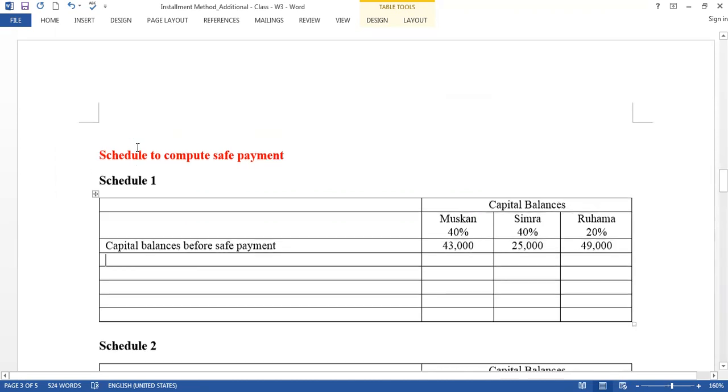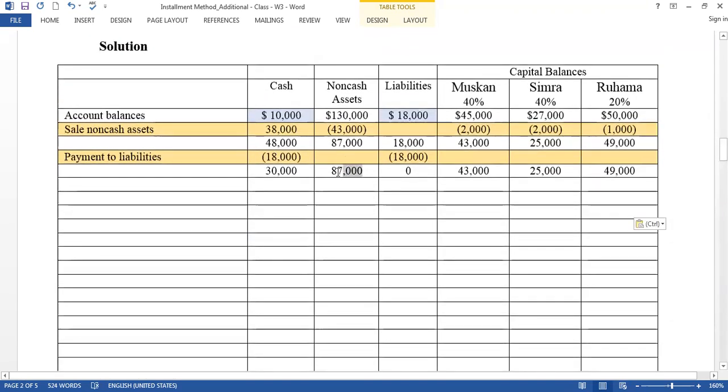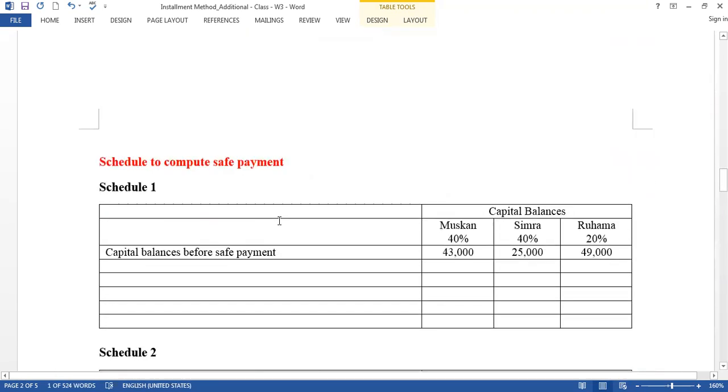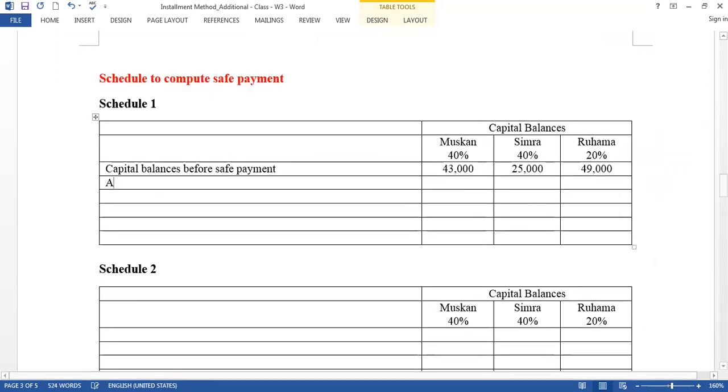Now we have to consider that this is our potential loss. So allocate potential loss, and it is $87,000. We are going to share this 4, 4, and 2. Right? We are going to share this loss this way.